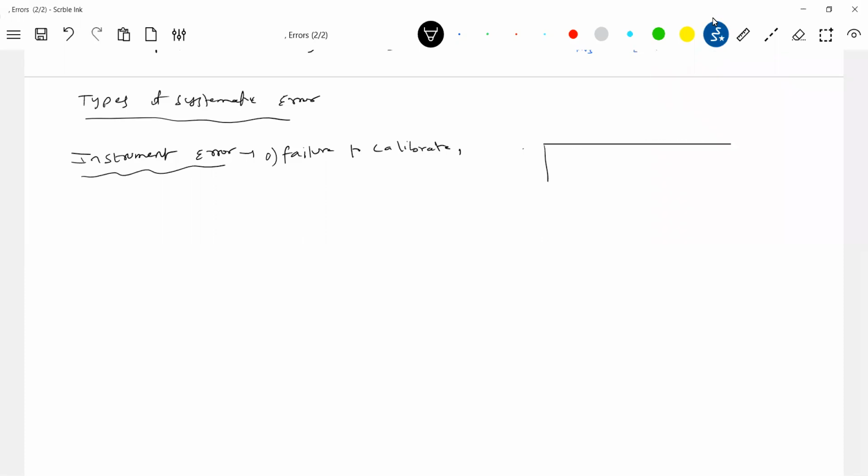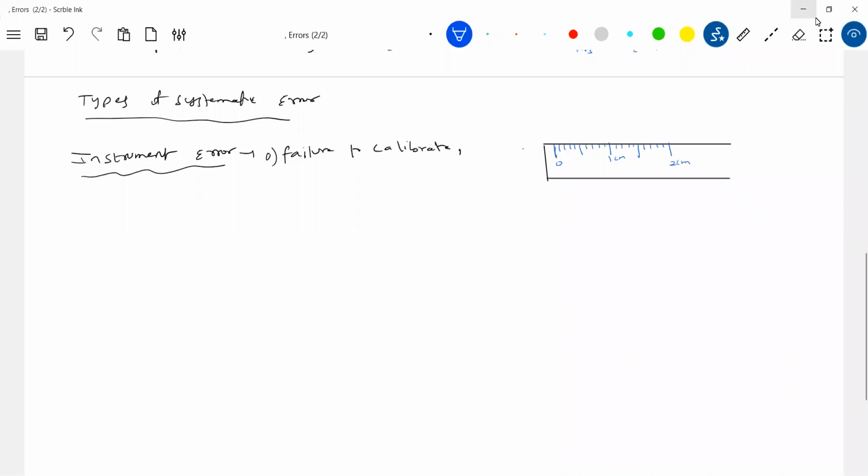If this is the scale, what do we expect? There's 1 centimeter, 2 centimeter.